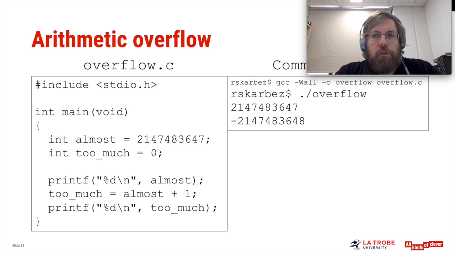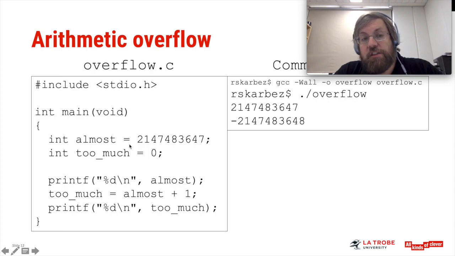So I wrote a little program called overflow.c, and I defined an integer variable called almost, which is 2,147,483,647, and an integer called too much, which I've initialized to be 0. And then I print out the value of almost, and then too much is equal to almost plus 1. And then I print out the value of too much.